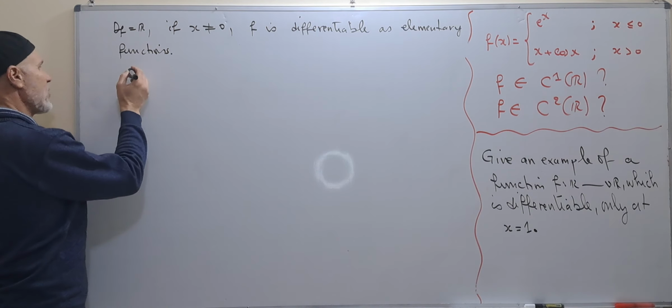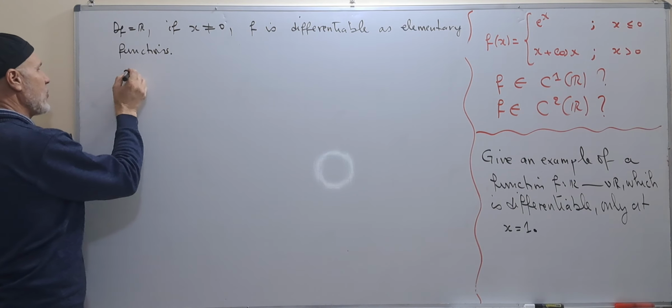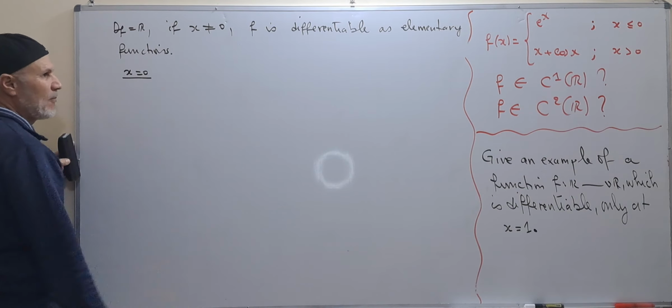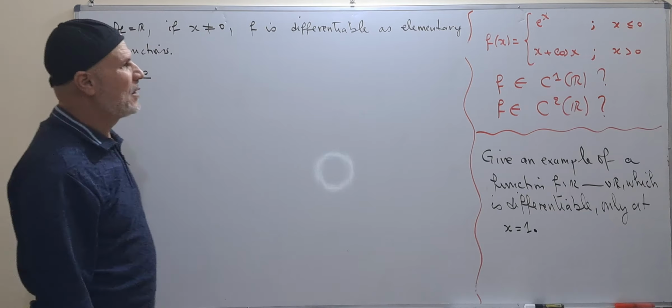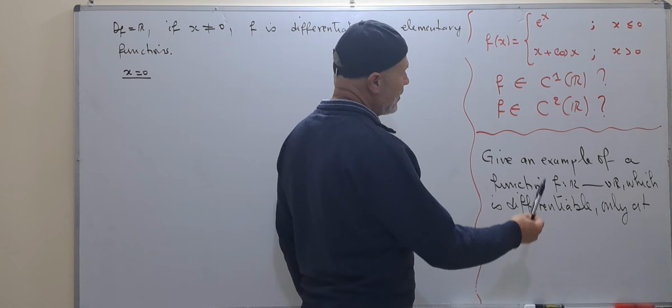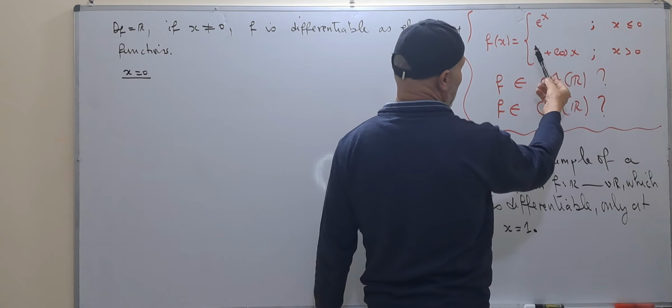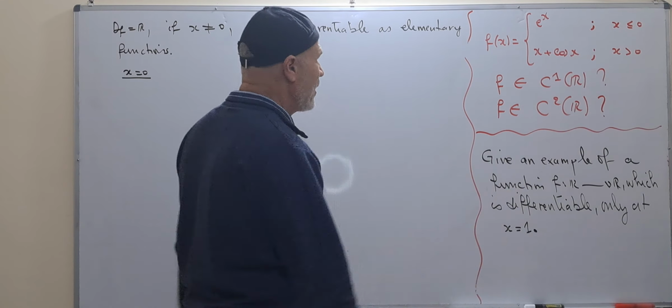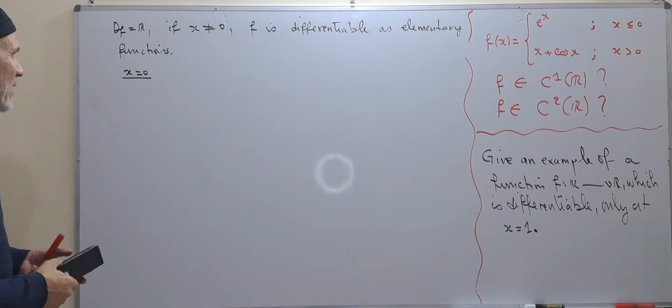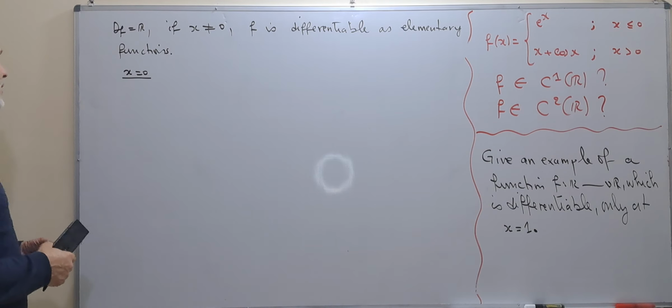Let us focus on x equal to 0. When x goes to 0, from this side it is equal to 1 and from this side it is equal to 1. So it is continuous. We can talk about the differentiability at x equal to 0.